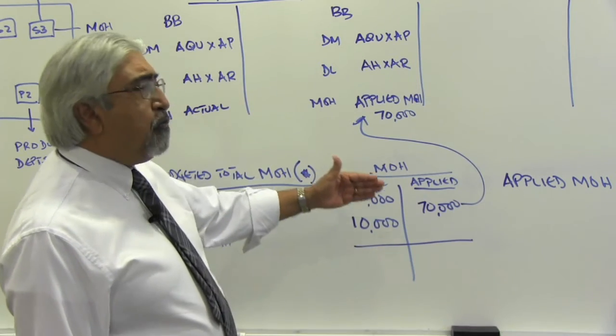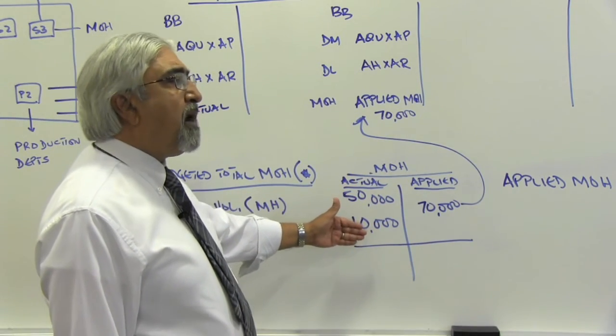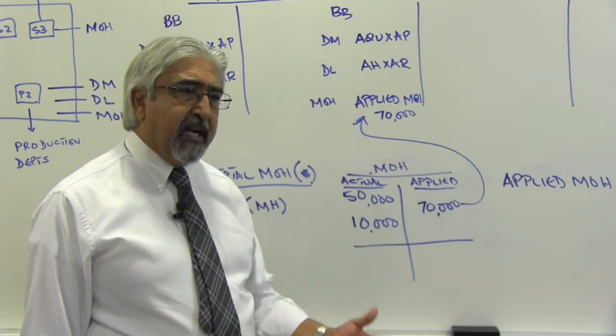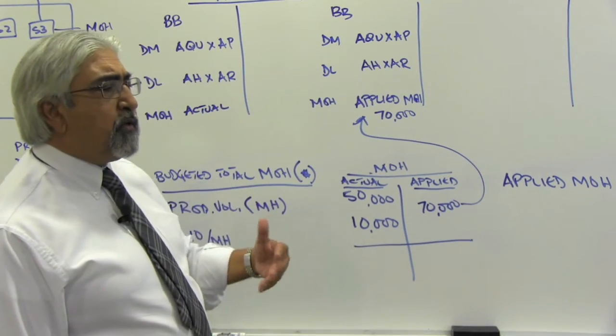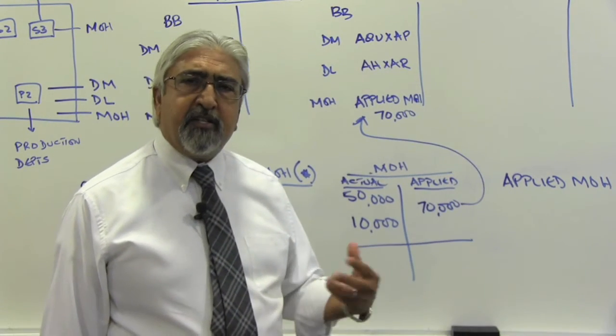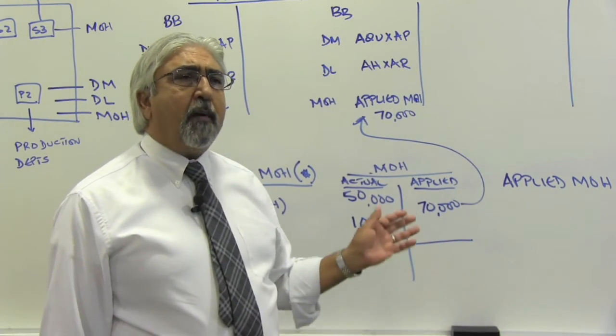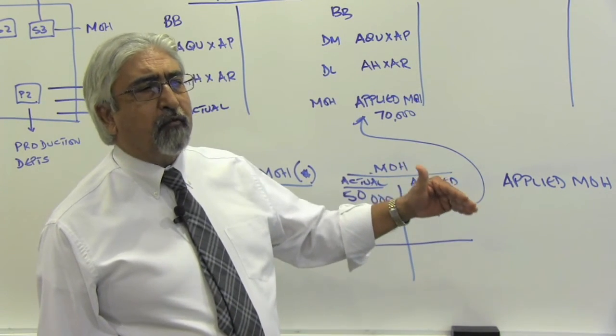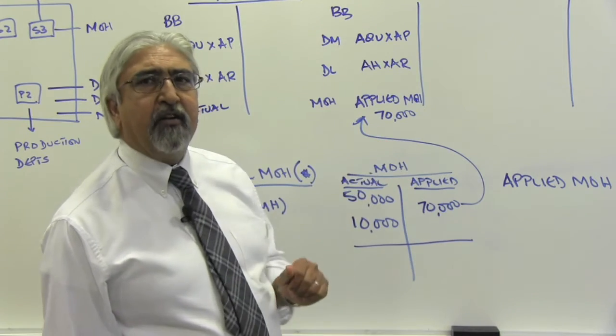If the amount applied had been less than the amount incurred, that would have been a case of under application. What we do with over and under application is a question for a later chapter. The most common treatment is to take that amount and close it out to the cost of goods sold account at the end of the period.